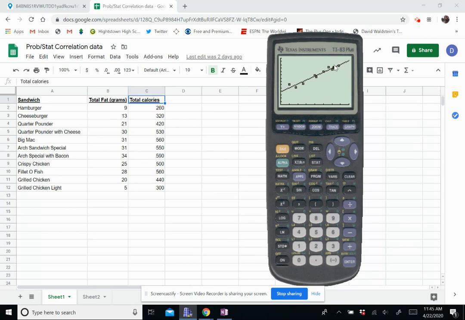All right. What we're going to use this line of best fit to do is to make predictions. Basically, we can figure out, for any amount of fat within a reasonable range, and we don't want to go too far away from the data we have, that's called extrapolation. Within a reasonable data range, our data seems to go from 5 to 34.